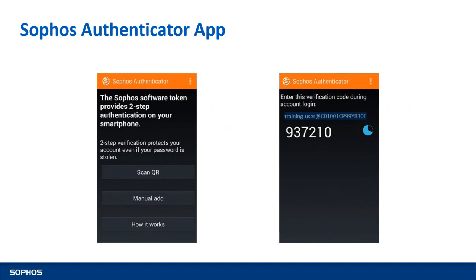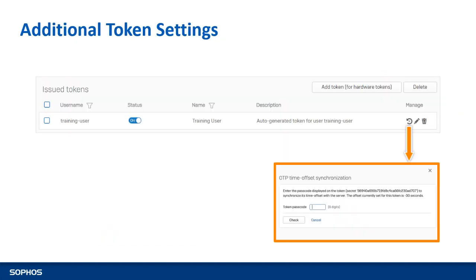Okay, this is an example of how to generate a password on the Sophos Authenticator app. You can scan a QR code or enter it manually, whichever you prefer. Here you can see a token for training users.